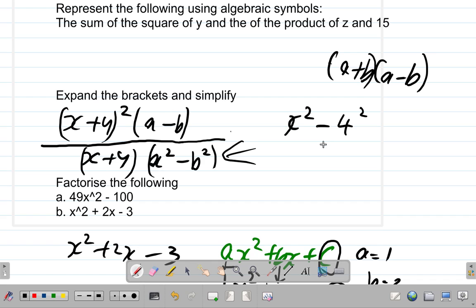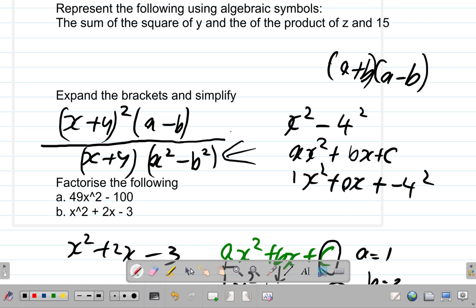What would happen? You would have ax squared plus bx plus c. No, it would be 1x squared plus, there's nothing multiplying x here, so it's 0x, plus the number, which is negative 4 squared. Alright.